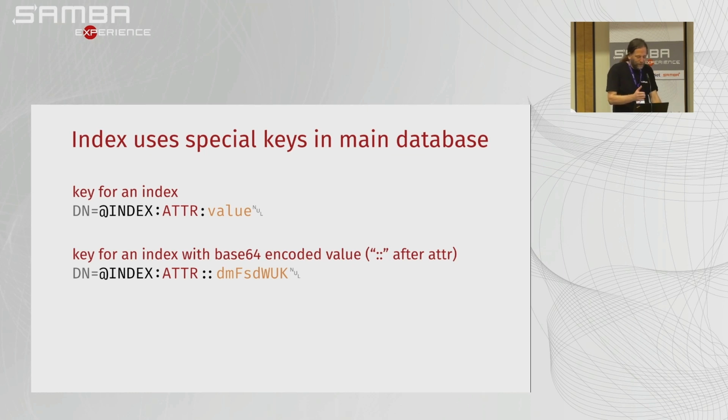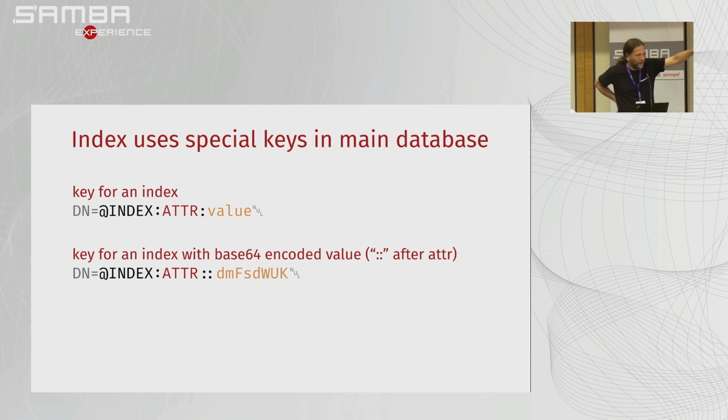And then there's another complication. There's lots of complications along the way. If the attribute is not very printable, not about swear words, it's about ASCII characters and stuff, we base 64 encode it, and you see the double colon after the attribute name.